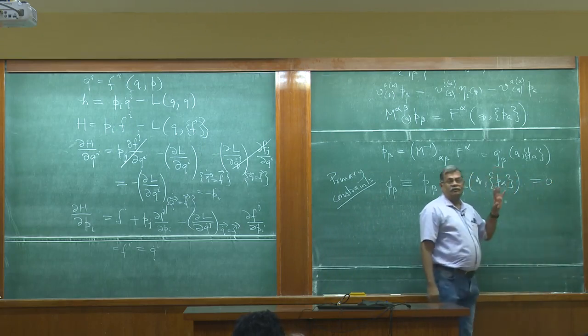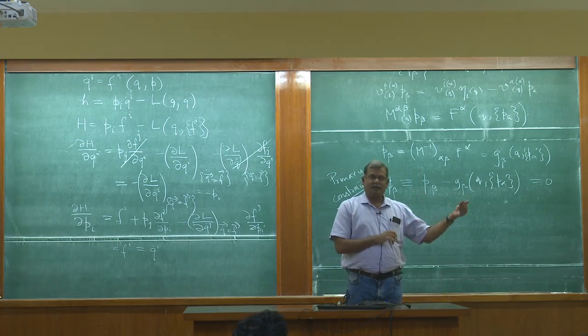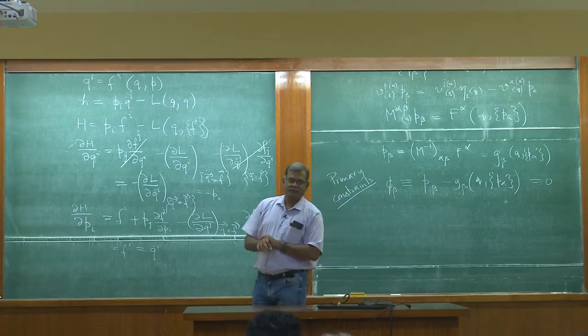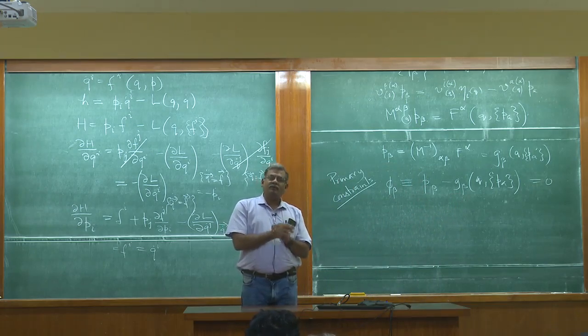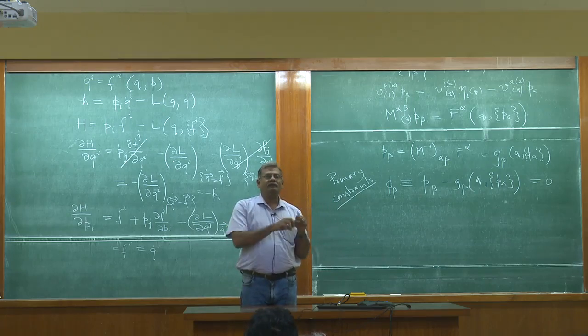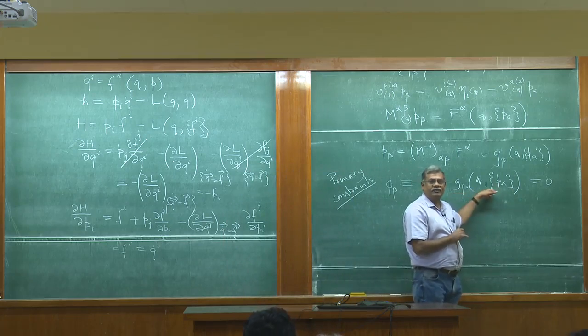Note that there is no equation of motion being used here. These are 0 by definition, from the definition of the momentum, okay, right? So, for the case of singular Lagrangians, the moment you calculate the momenta directly, you will find some of the momenta will come out to be constrained. And they will obey some relation like p beta minus some function of the other momenta and the q's equals 0.